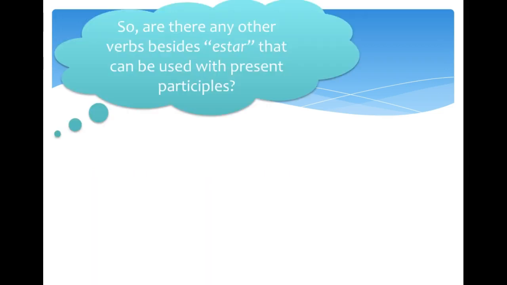You might be wondering, so are there any other verbs besides estar that can be used with present participles? The answer is yes. Even though the verb estar is the most common verb to use with present participles or gerunds, sometimes we'll use some others, such as seguir, the verb you know as to keep or to follow.